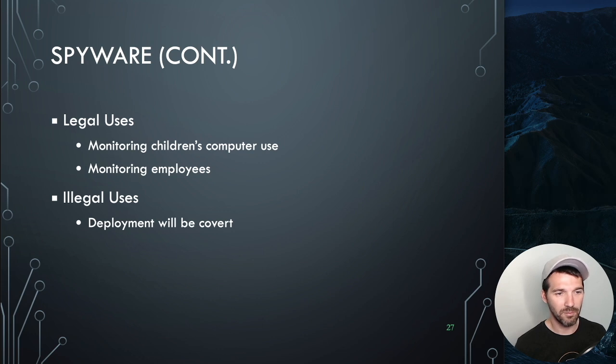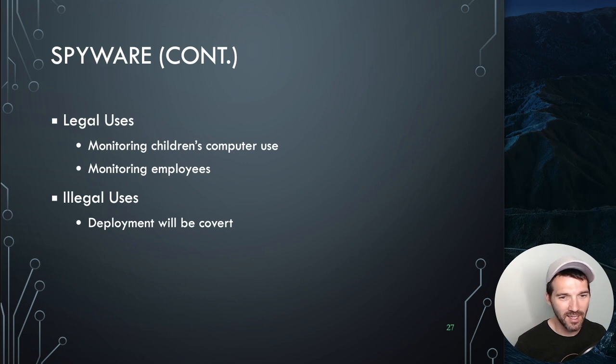So I myself am a parent. You can bet that until my kids are buying their own tech, there are acceptable use policies and standards that they'll have to comply with if they want to have a phone or an iPad or whatever. And monitoring their use is something that I do, right? Like, who are you talking to?